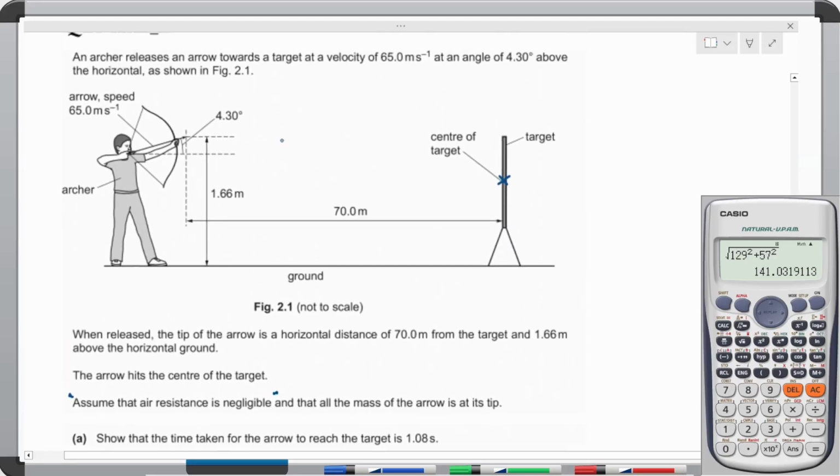So if I draw the simplified diagram, it would be something like this. So your archer, the arrow moves with the speed of 65 meter per second, and the angle with the horizontal is, let's say, not let's say, but it's given 4.30 degrees.